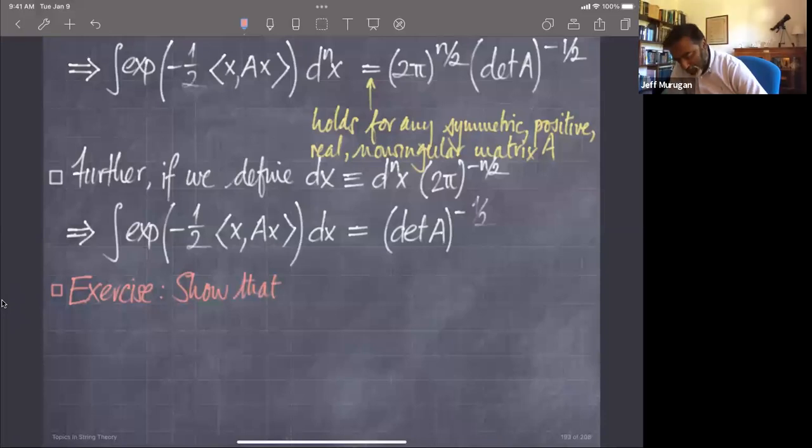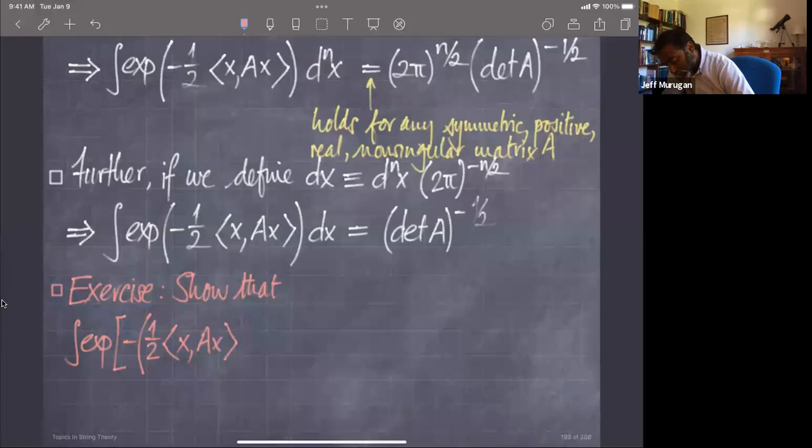So suppose I have cross terms, and let's just write it in the most general form we can. Suppose that I want to do the integral of e to the minus a half x A x, so there's my quadratic piece, plus b x, there's my linear piece, plus some constant c.